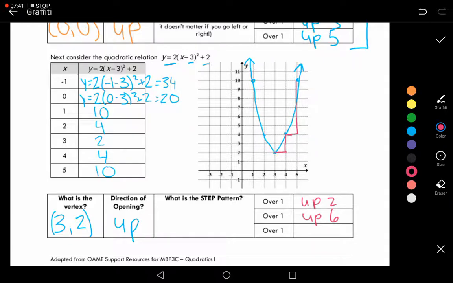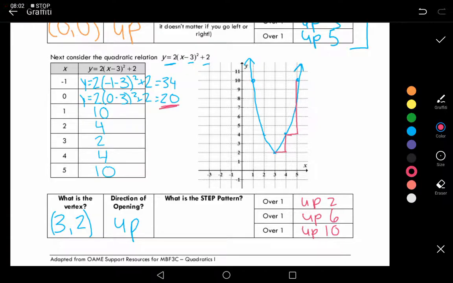And then my next point that I don't have graphed would be (6, 20), because it has to be symmetrical. Or if we went this way, it would have to be (0, 20). So to get from 10 to 20, we would have to go up another 10.